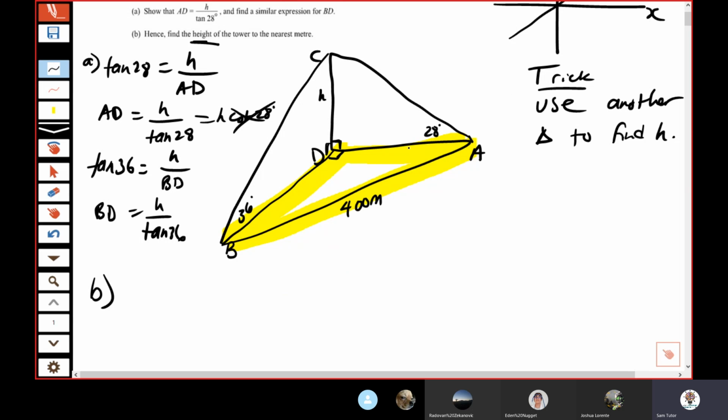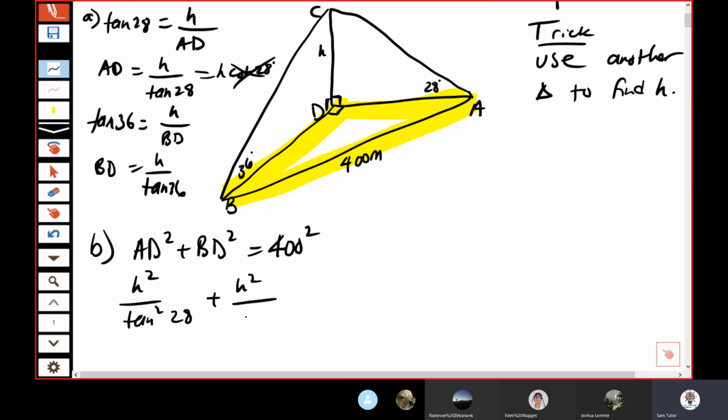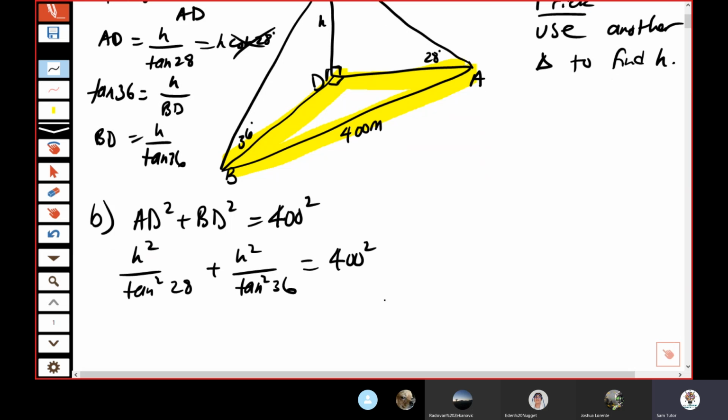So you know that AD squared plus BD squared is equal to 400 squared, which just means H squared on tan 28 squared plus BD squared is equal to 400 squared.